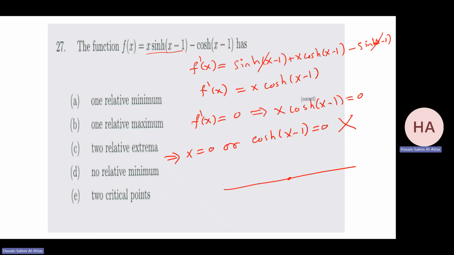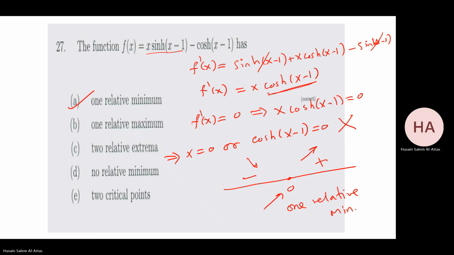Check, do you have a change of sign? Yes. Before, this is always positive. So this is negative, this is positive: decreasing, increasing. So I have only one relative minimum.